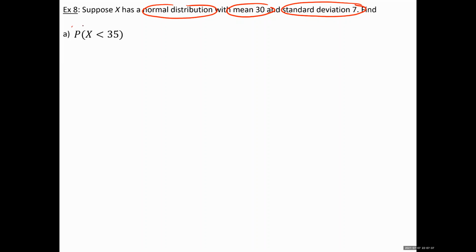And now this is saying, if you draw a number out of the bag, what's the probability you get a number less than 35? Okay, remember, anytime we're talking about a random variable, there's a bag of numbers, we're going to draw one number out, that's what X is. What's the probability that the number we draw out is less than 35? That's the question. So if the contents of the bag are the way we have it described here, and you draw one number, what's the probability you get a number less than 35? Okay, so that's what's going on.